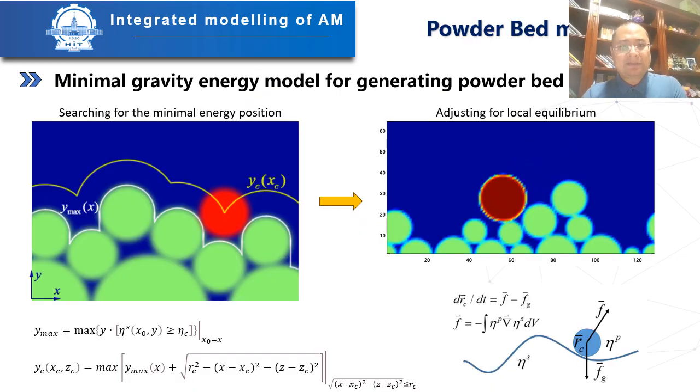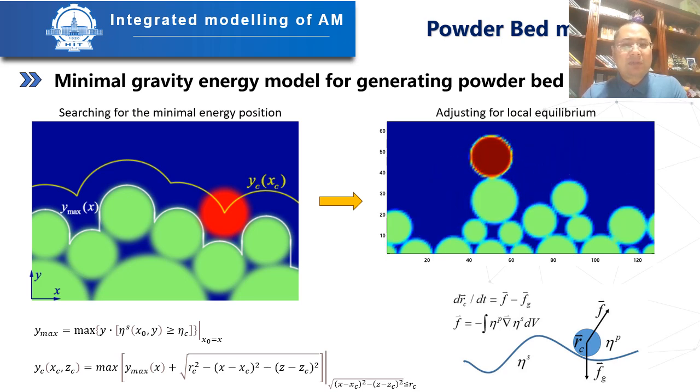The powder bed serves as the foundation for the subsequent additive manufacturing process. In addition to employing the discrete element method, we have innovated a novel and efficient powder bed generation model tailored to the diffuse interface in alignment with the phase field model. We call it the minimal gravity energy model.